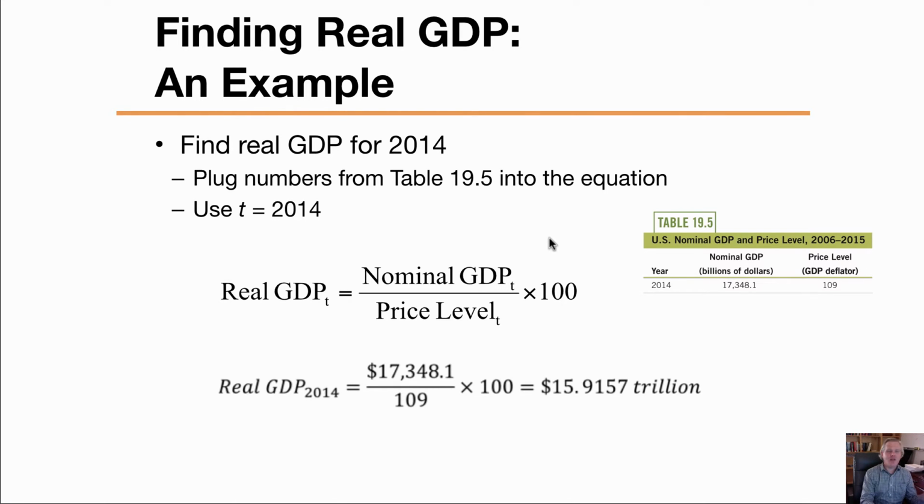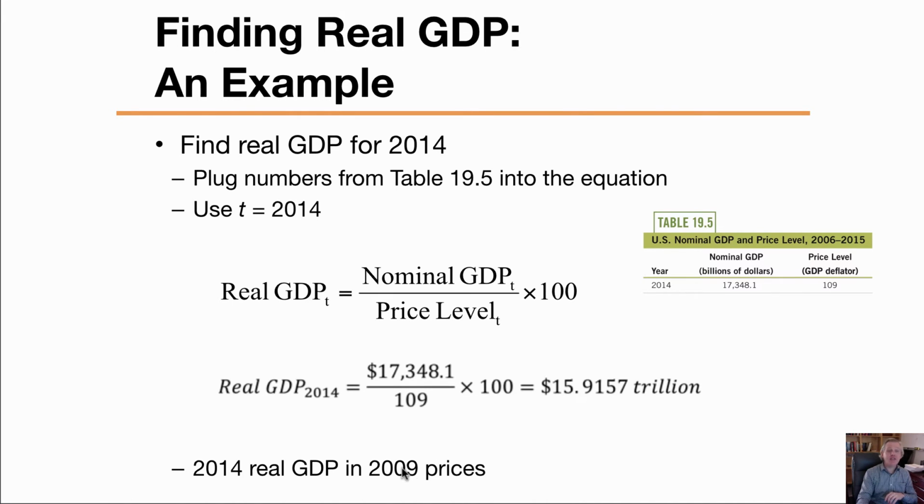And so the nominal GDP is that $17,348 billion divided by the GDP deflator, or the price level, of 109 times 100. So we get $15.9157 trillion as the real GDP for 2014. All right.